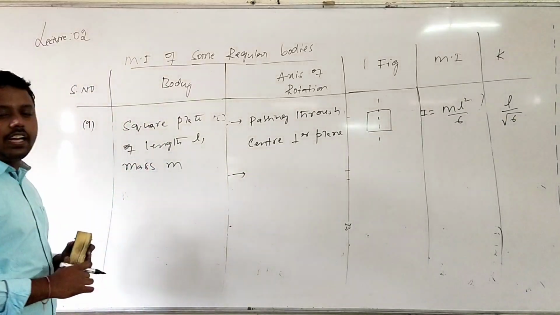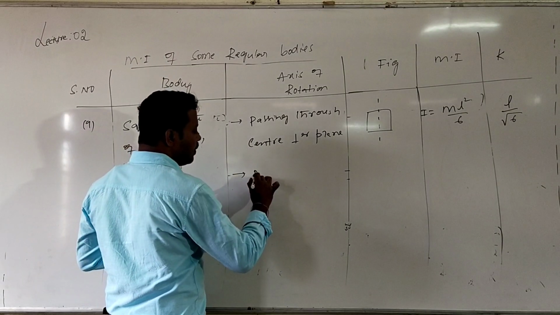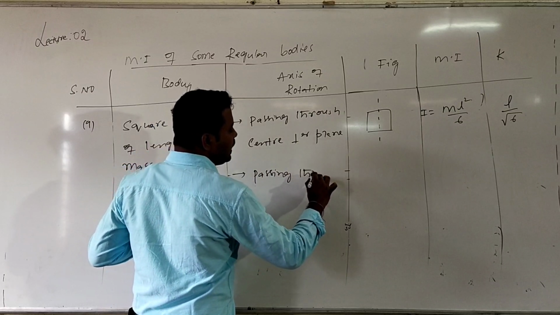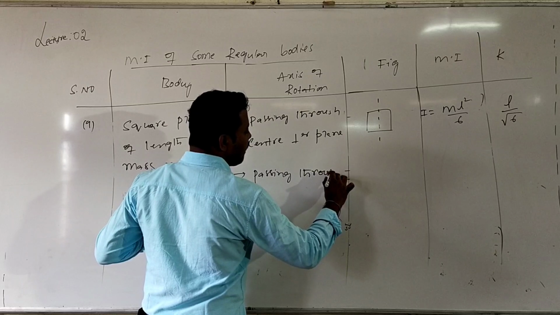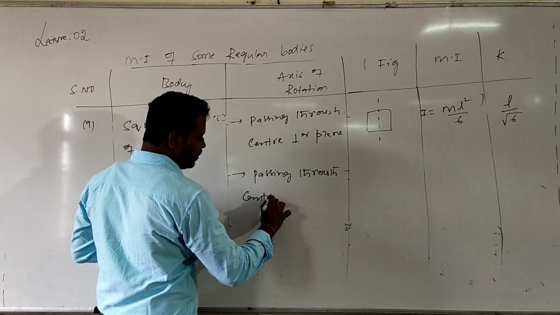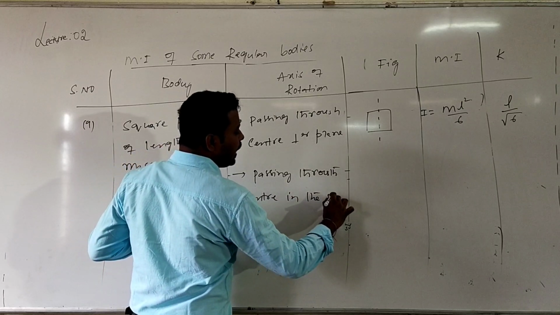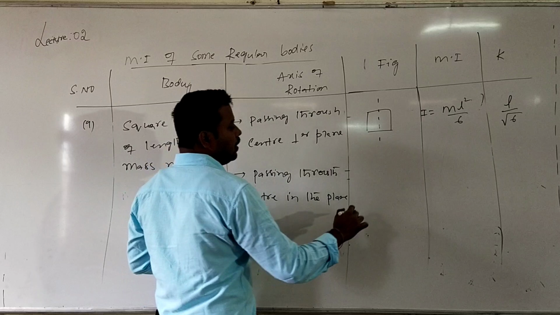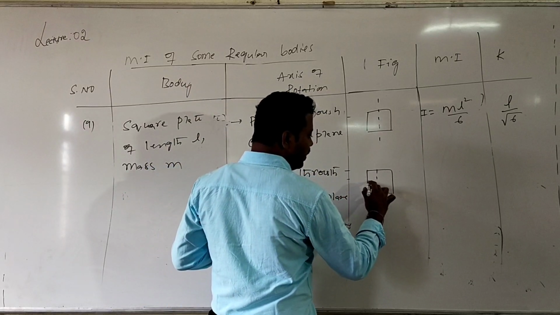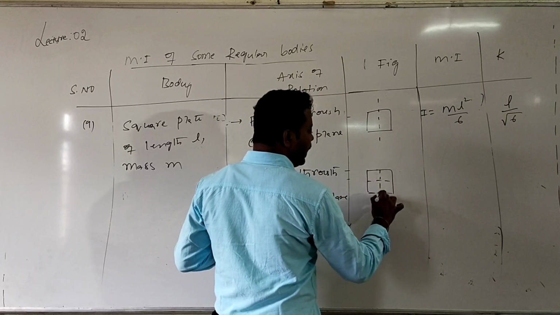If I want to calculate about an axis passing through center, in the plane of the square plane. If I consider about an axis, this time the axis should be lying on the plane of this square plane.